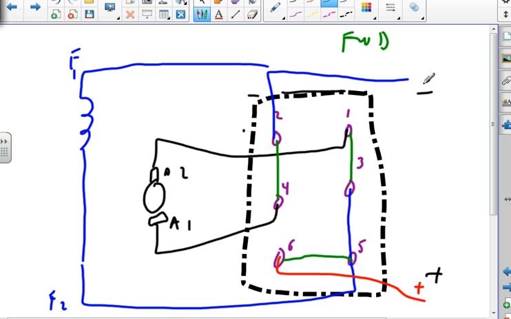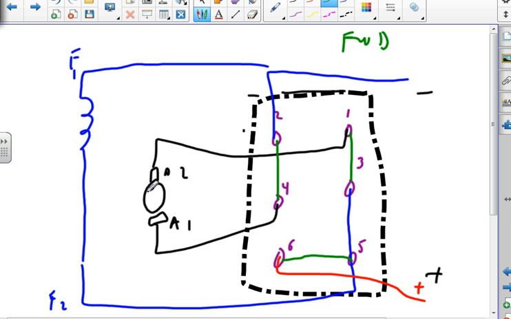And now I see I come in, and my field winding is in parallel. Let's see, this is shunt, right? So this is supposed to be shunt. So I'm supposed to be both of them. And yeah, they are.